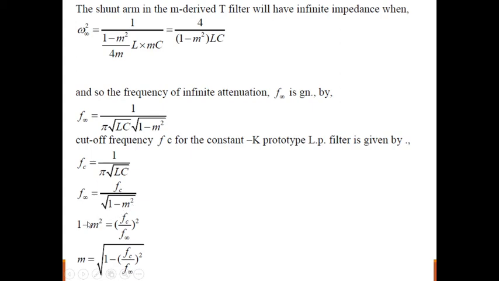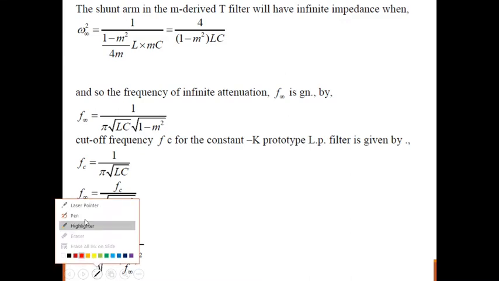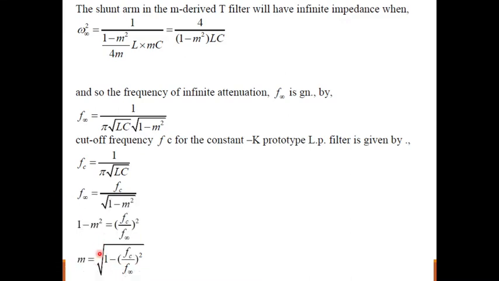So from the expression we can easily obtain the M value. 1 minus M square should be equal to fc by f infinite whole square. Similarly, from the expression we can obtain M. So here M should be equal to the square root of 1 minus fc by f infinite whole square.